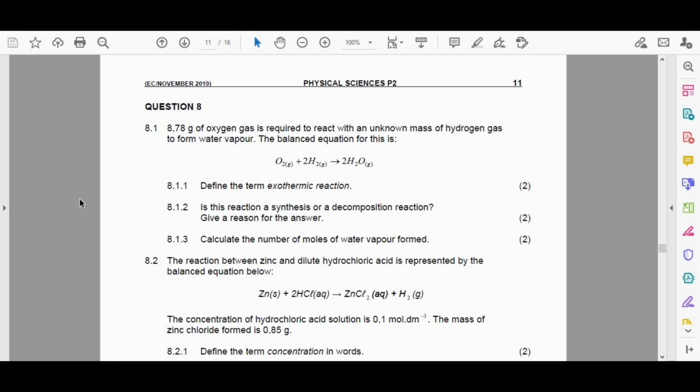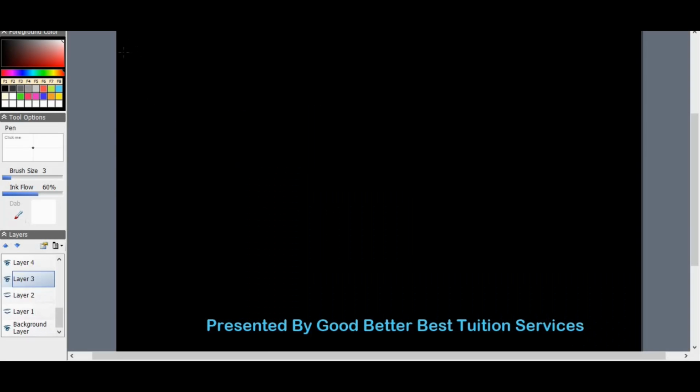8.1.3, calculate the number of moles of water vapor that is formed. Water vapor meaning that is the gas phase of water, and as the reaction shows us, it is indeed in the gas phase. Okay, so for 8.1.3, all we do is we use our normal mole formula, which is the number of moles.